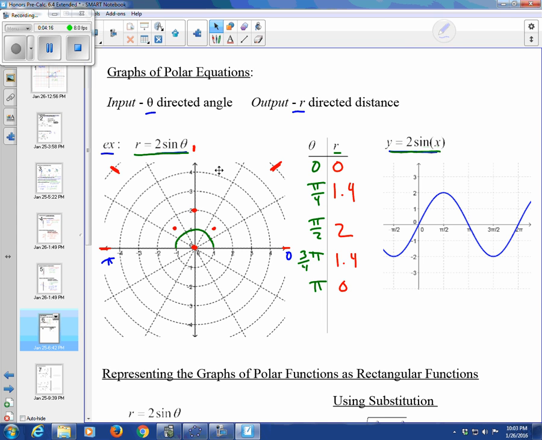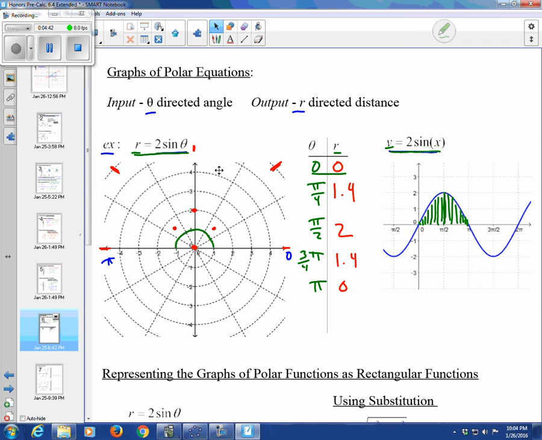And what we can think is, what's happening with our r values for our polar function is the same thing that's happening with the y values for our sine wave. So right here we start out with a y value of 0, seeing the same thing right here, and then those y values get steadily greater until we get to pi over 2, and then they reach their maximum value right there, and then they get smaller and smaller as we go back to pi.